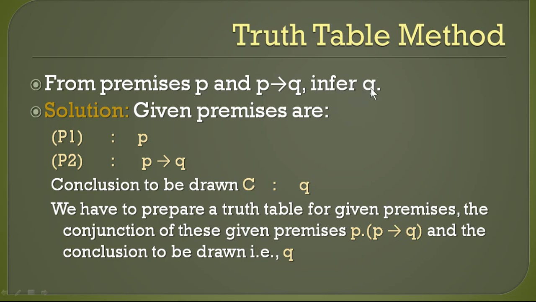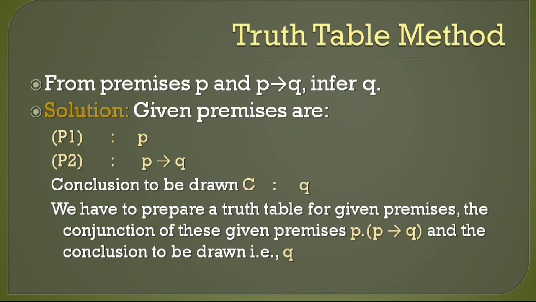So Q is the conclusion you are going to make. So the solution can be written. Given premises are P1, that is premise 1, is P. Second premise is P implies Q. So these are the two premises given. The conclusion to be drawn, that is C, you can name it as C, should be Q. So this is what the question says.